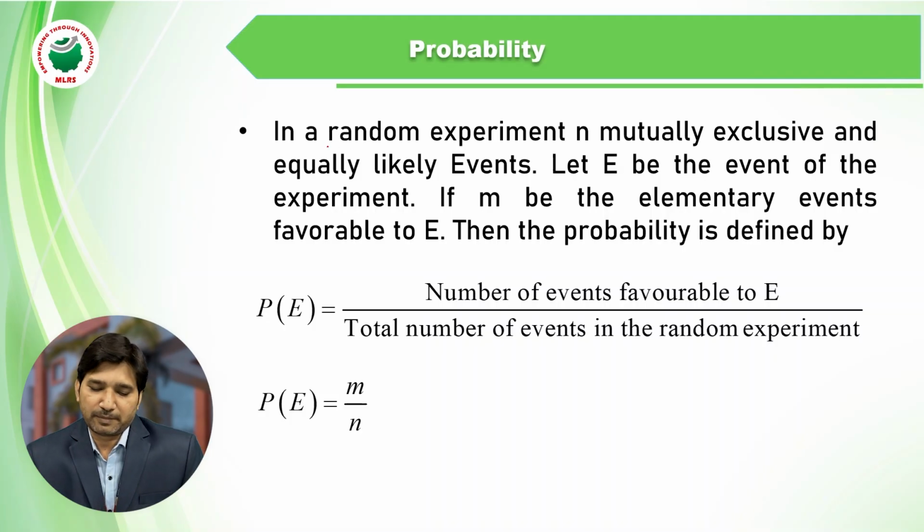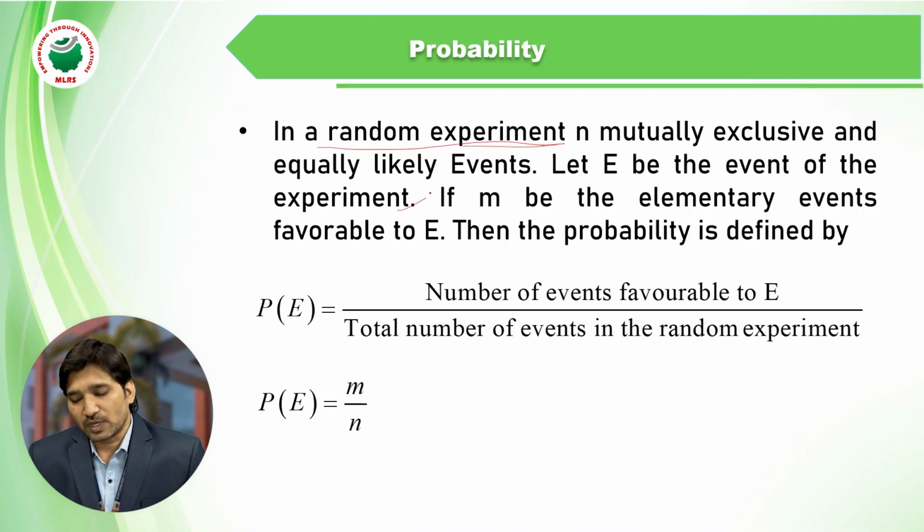In a random experiment, we already know the definition of random experiment. In a random experiment, there are n mutually exclusive and equally likely events. Let capital E be the event of the given experiment.